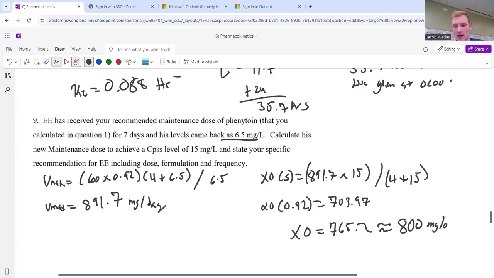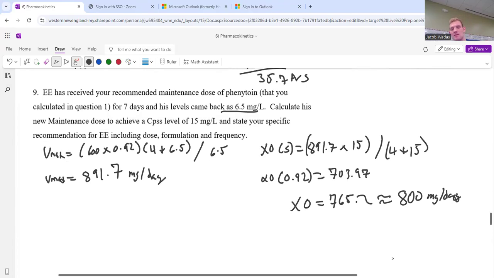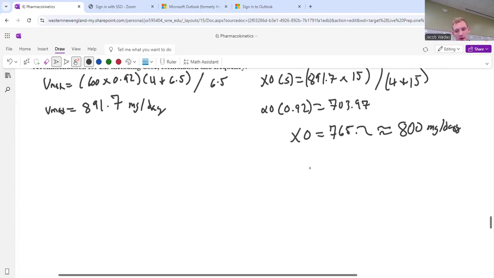800 milligrams per day. So remember, anything above 300 needs to be split. The max that you can give in a split dose is 400 milligrams.